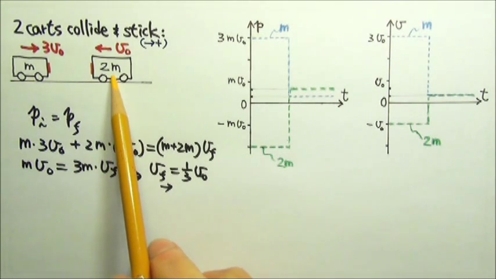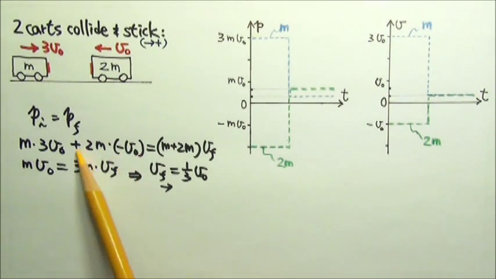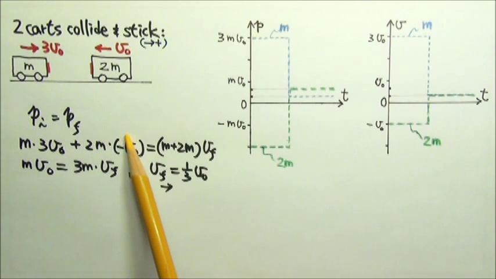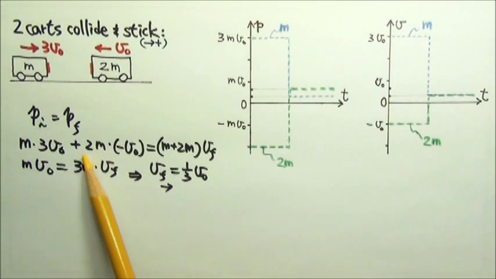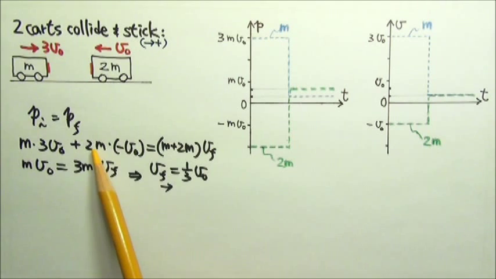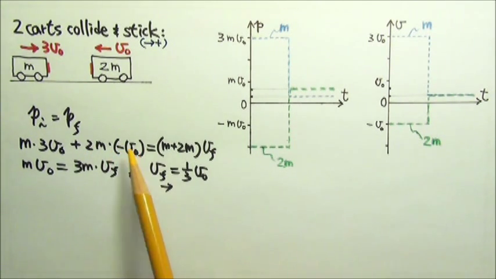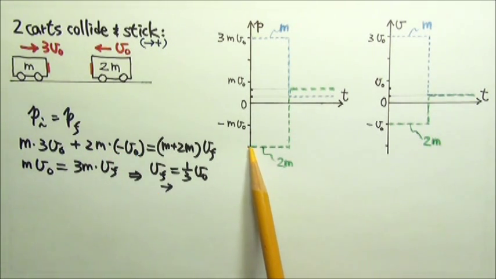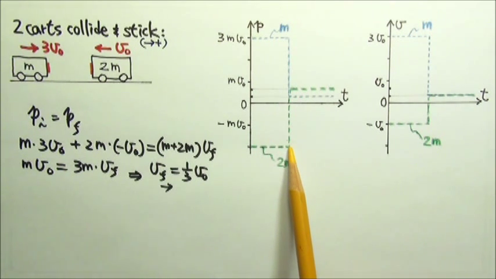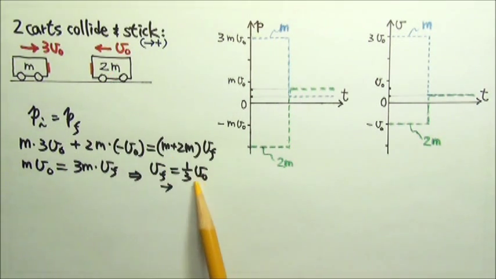For the card 2m, before collision, it has the momentum mass times negative v0, so it has a momentum of negative 2mv0. After the collision, it has the same 1/3 v0 for velocity.